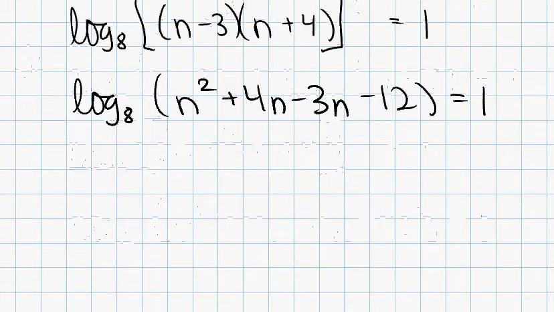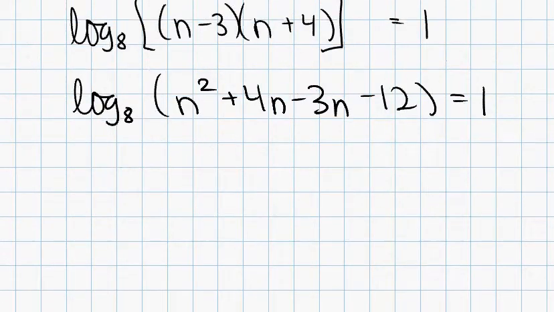And then after distributing correctly, there is only one thing that you can do to solve this problem. Do you remember what it is? When you have a logarithm on one side and a number on the other, you rewrite it as an exponential. So what is the base? The base is 8.